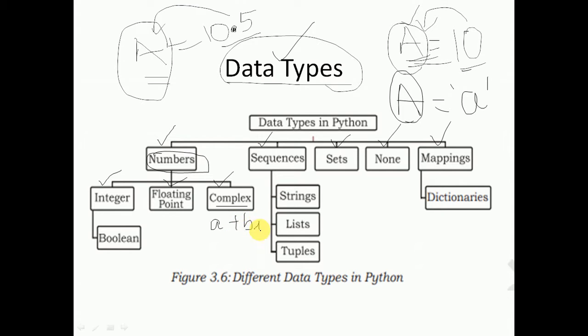This type of operation comes under this complex data type. Then again we have sequence. In sequence there are again three types: string, list, and tuples. Then next we have sets, then none data type will be there. Then next we have mapping and dictionary.